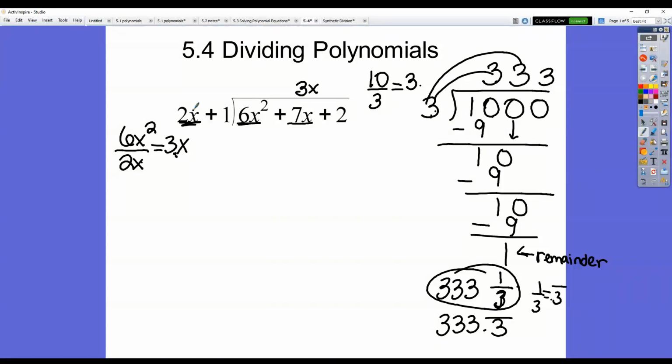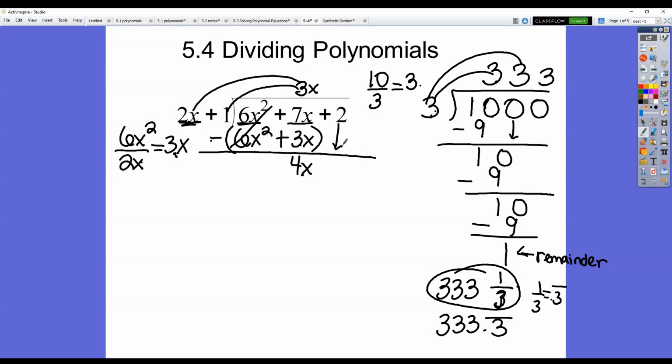And then we multiply. 2x times 3x is 6x squared. 1 times 3x is 3x. And then you subtract. Remember, you're subtracting here. This will cancel. 7x minus 3x is 4x. And then you drop down this term.